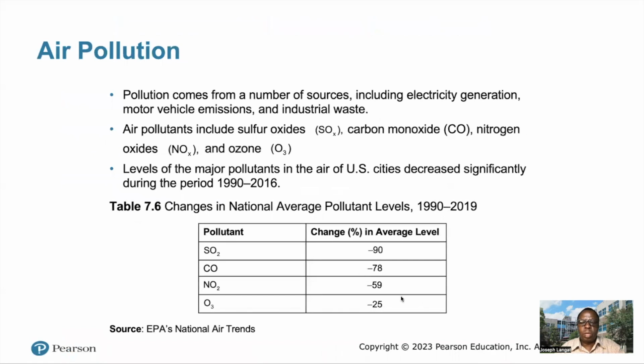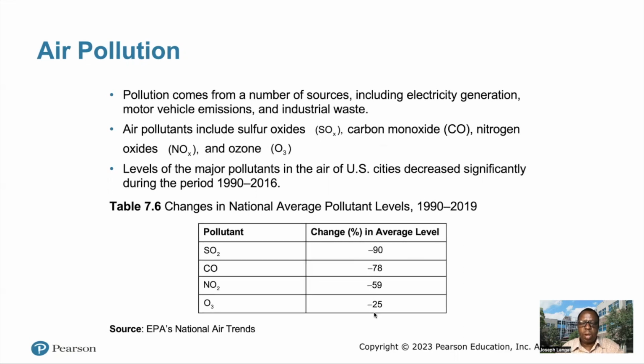This is the change in average due to some of the measures which have been taken to mitigate the pollution over the years. There has been reduction in percent sulfur dioxide, which is responsible for sulfuric acid in acid rain, carbon monoxide, nitrogen dioxide, toxic fume, or ozone.